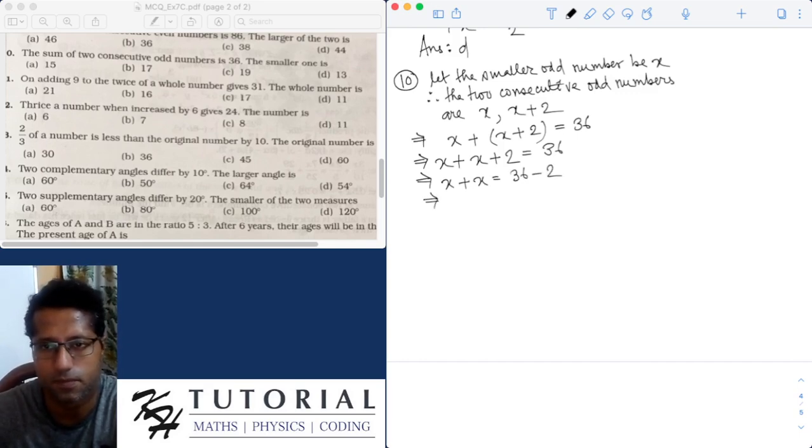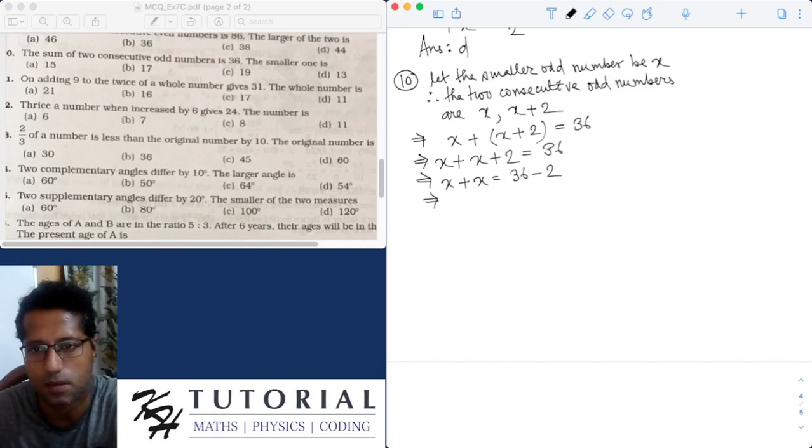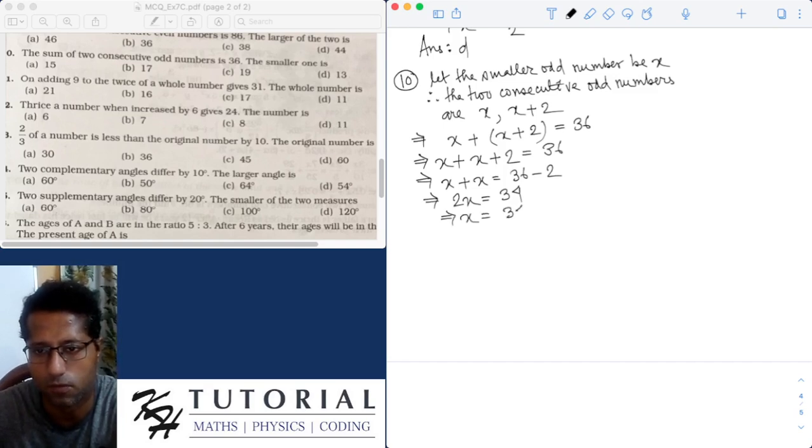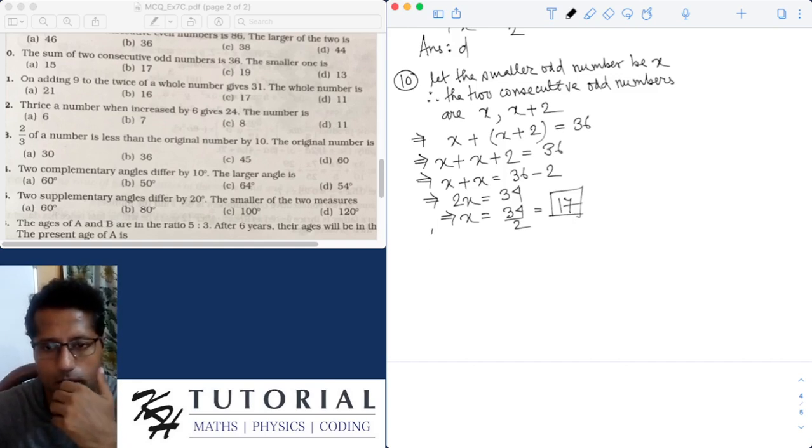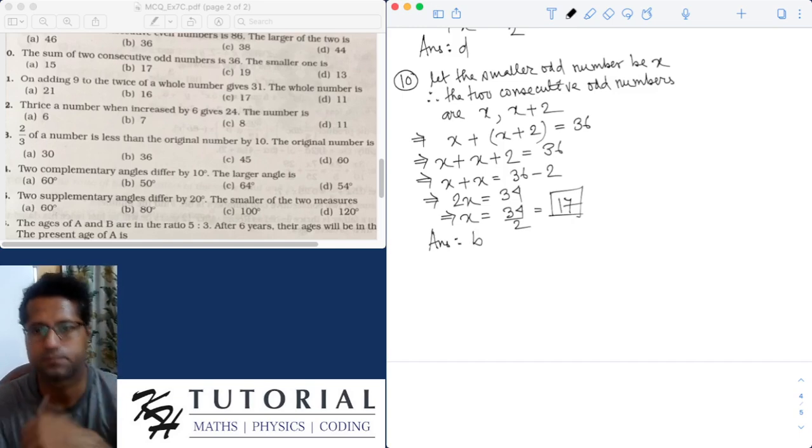After further simplification, we get 2x equals 34. This implies x equals 34 by 2, which is 17. So the smaller number is 17, and the answer is choice B.